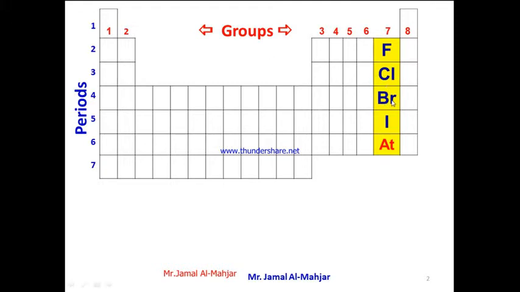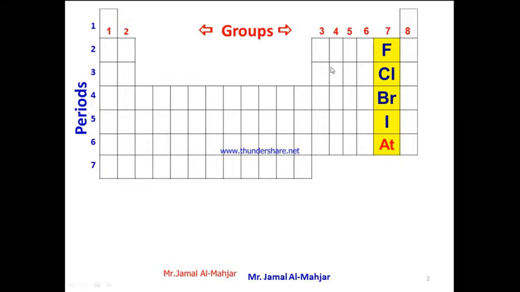We have bromine in period number 4, iodine in period number 5, and astatine in period number 6. But all of them are in the same group. In group what? Yes, in group 7. They have different periods. Why do they have different periods? Because they have different shells. We will see that when I explain the electronic configuration.